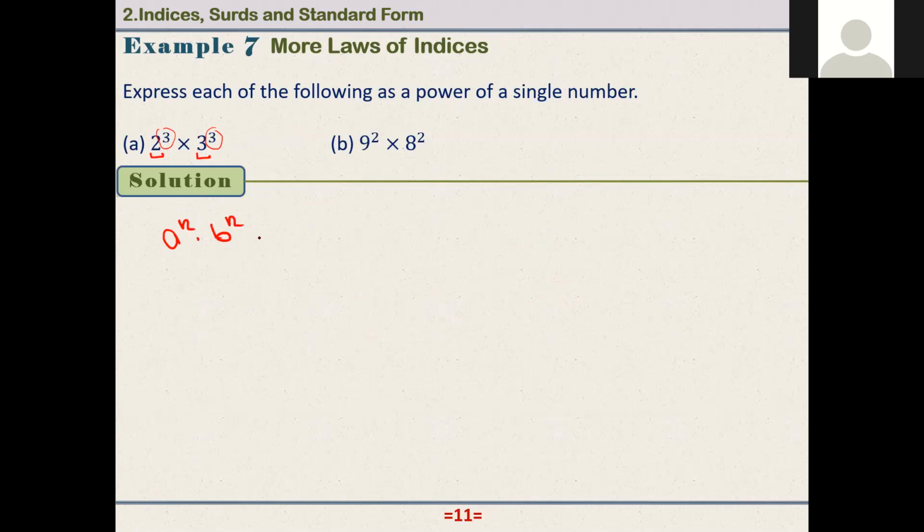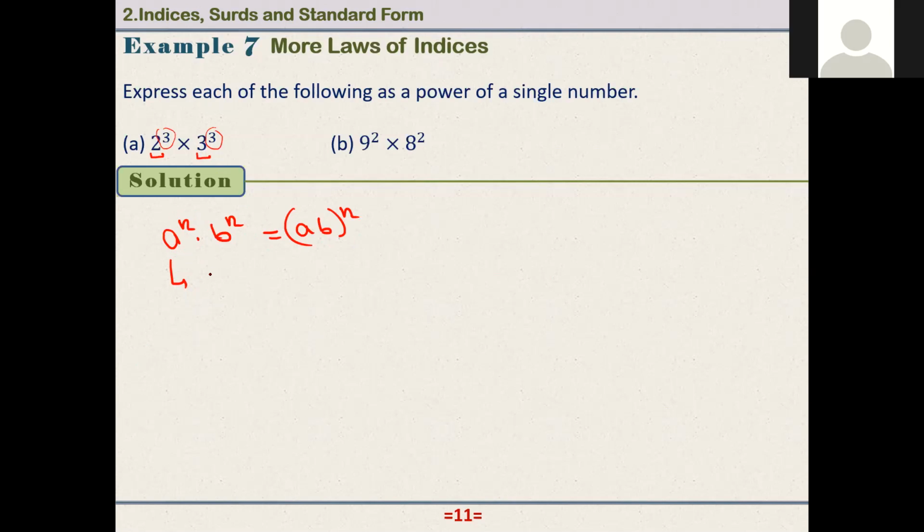Now that's equal to a times b to the power n. Why? The reason is, again, using the definition. To prove the property, meaning a small theorem, we have to use the definition.